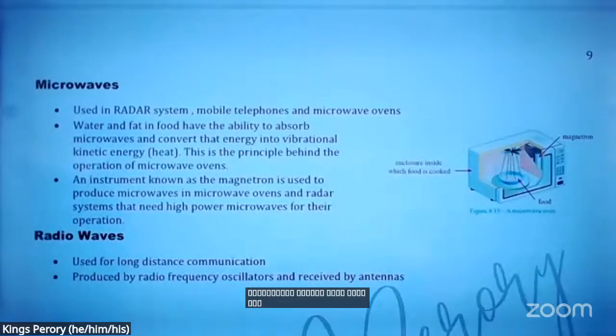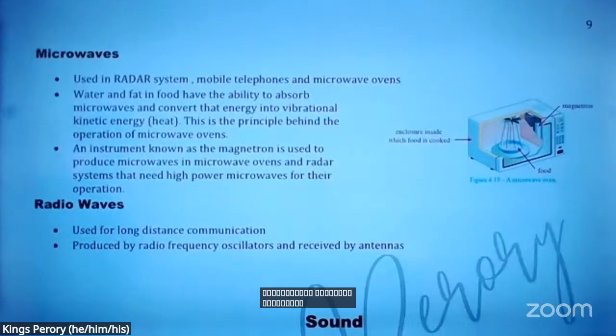This is the principle behind the operation of microwave ovens. An instrument known as the magnetron is used to produce microwaves in microwave ovens and radar systems that need high power microwaves for their operations. Right. Thank you.